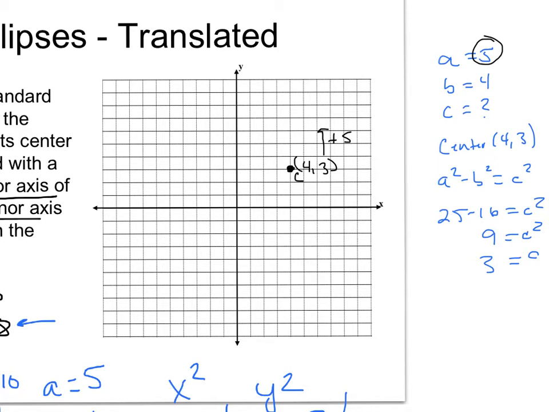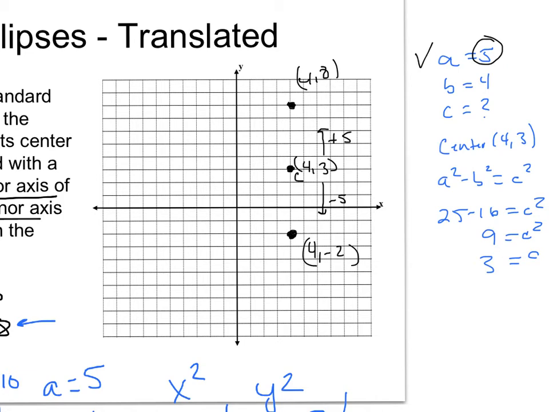And then I'm going down 5 units from the y, so that would be at -2. So my vertex at the very top is going to be (4, 8), and the one at the very bottom is going to be (4, -2). I'm just going straight up and down.